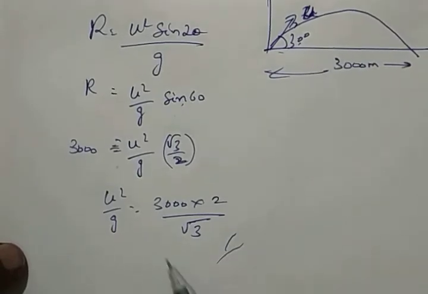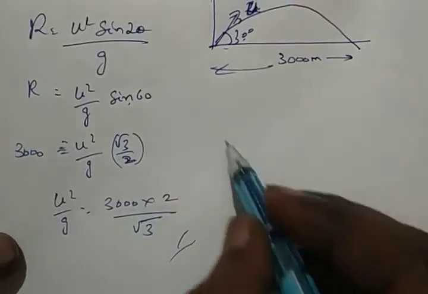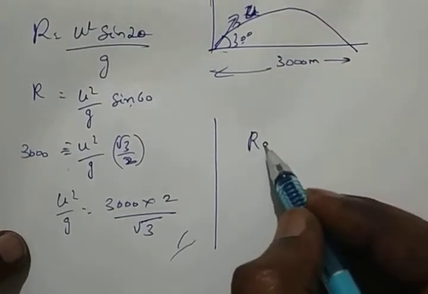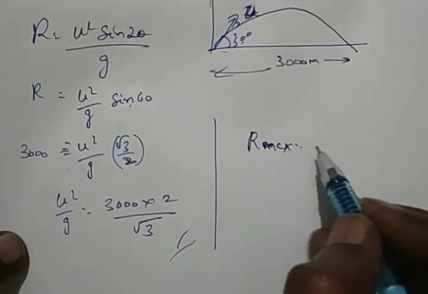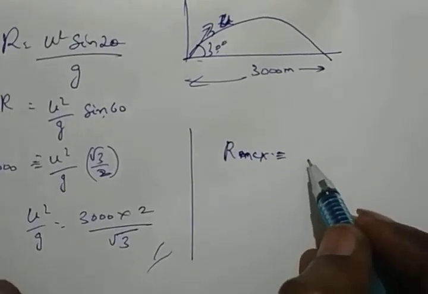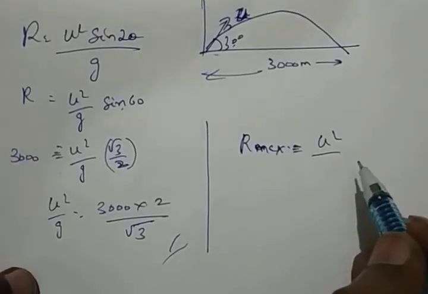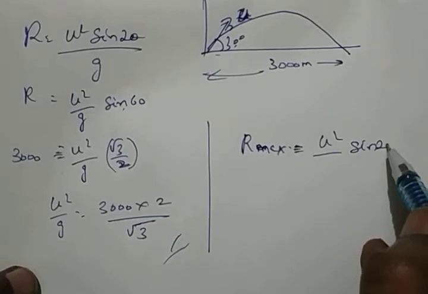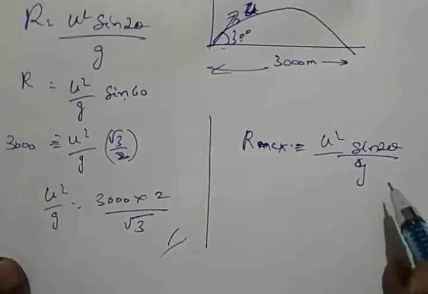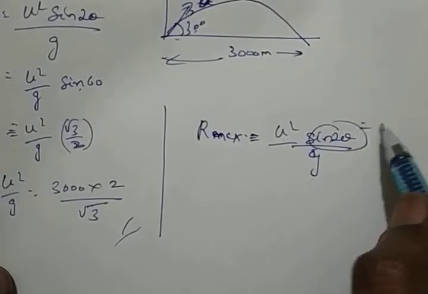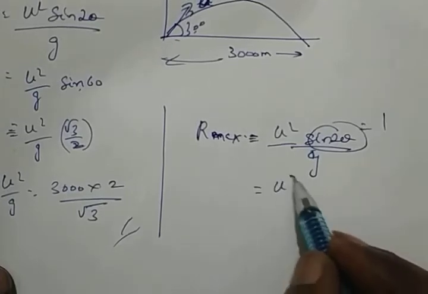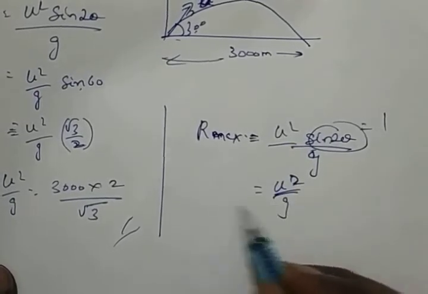Now if you try to calculate the maximum range, it is U square sine 2 theta upon g, where sine 2 theta is equal to 1. For maximum range, it is U square upon g itself.